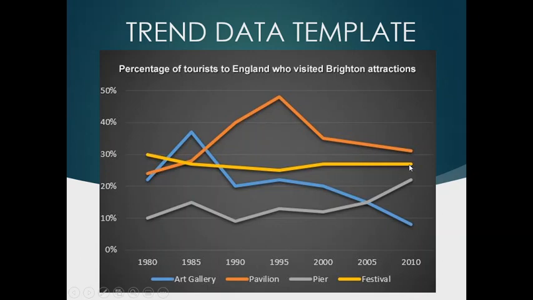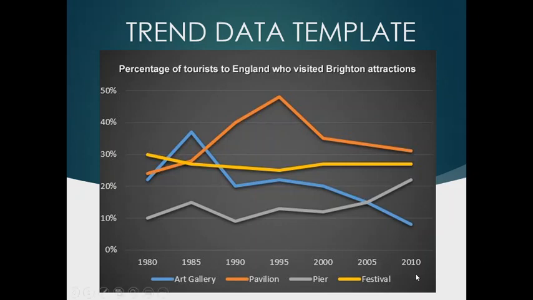Did it increase or decrease? So it decreased. So the trend is decrease. Now, look at the orange line. The initial data is about 24. The final data is 31.